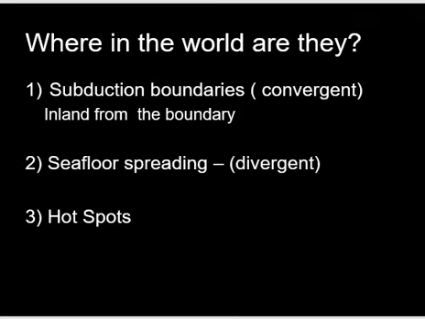And then we have these odd places called hotspots where we have volcanic activity. And these could be a result of superheated mantle movement, or a place where maybe the crust or the seafloor is a little thinner.